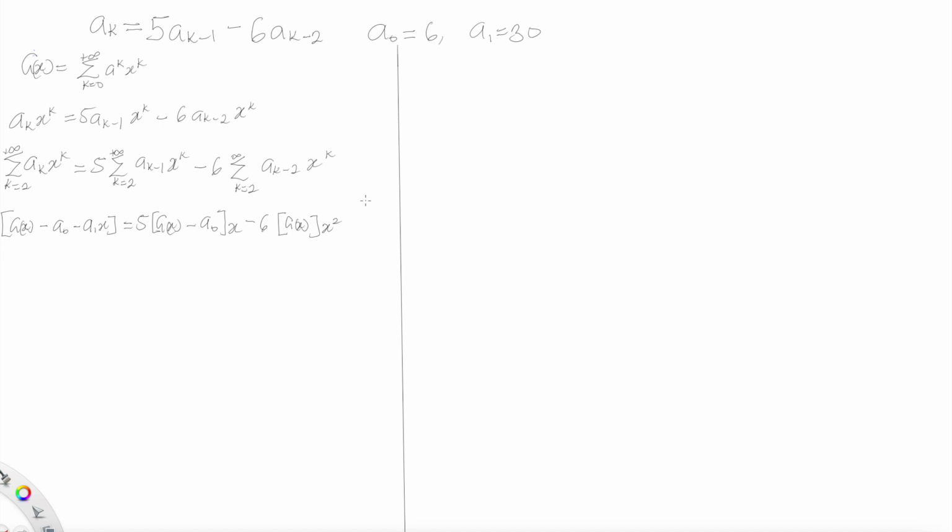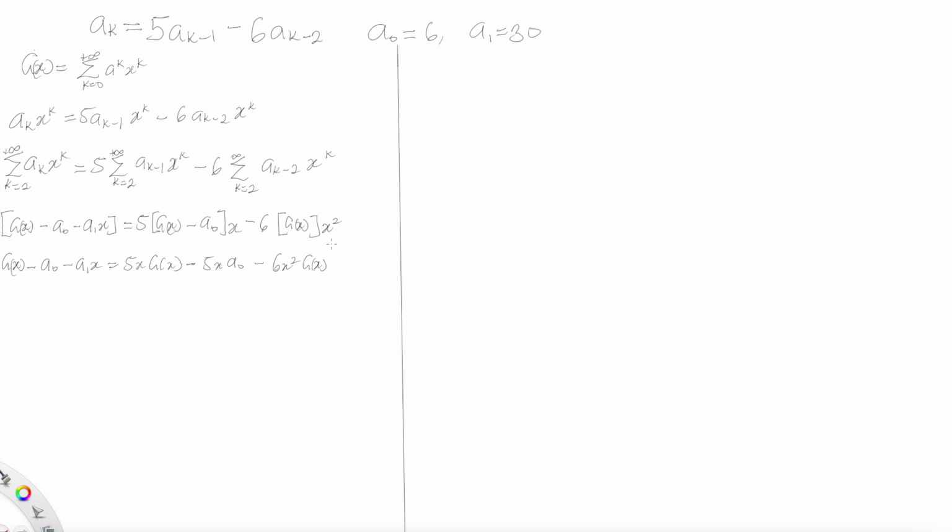So now we could expand. We have g of x minus a naught minus a1x equals 5x g of x minus 5x a naught minus 6x squared g of x.